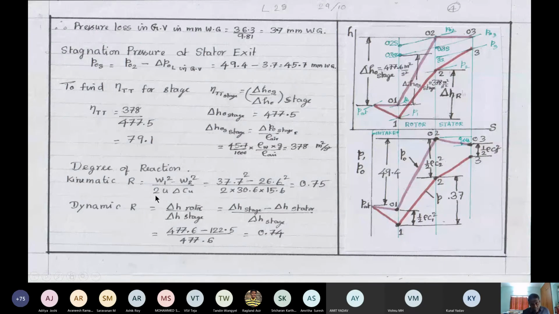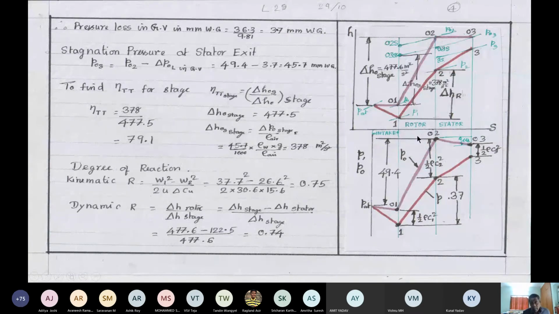Now same thing you can calculate by the enthalpy definition. Okay, the degree of reaction is enthalpy change in the rotor divided by enthalpy change in the stage. So this enthalpy change in the rotor can be taken as enthalpy change in the stage minus enthalpy change in the stator.